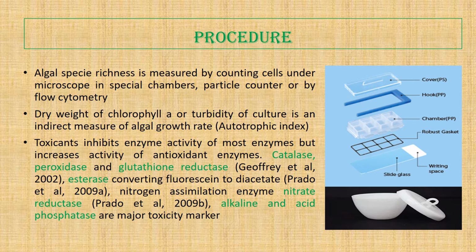Also, the content of enzymes like esterase, nitrate reductase, alkaline and acidic phosphatase is altered during stress. So by enzyme assay of these enzymes, we can determine the level of stress in the aquatic environment.